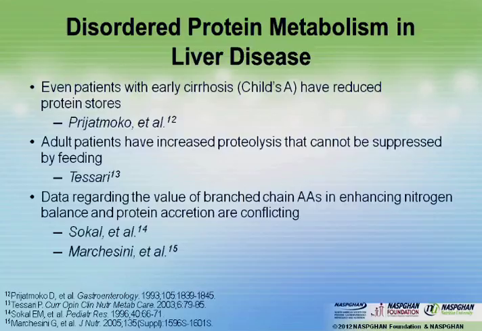But most of the adult studies that have looked at long-term outcomes in patients who've gotten branched-chain amino acids have shown that really it has not affected mortality or outcomes or complications or need for transplantation. The branched chains can function as ammonia receptors, and they can function to improve encephalopathy transiently, but the cost-benefit ratio may not be worth it.